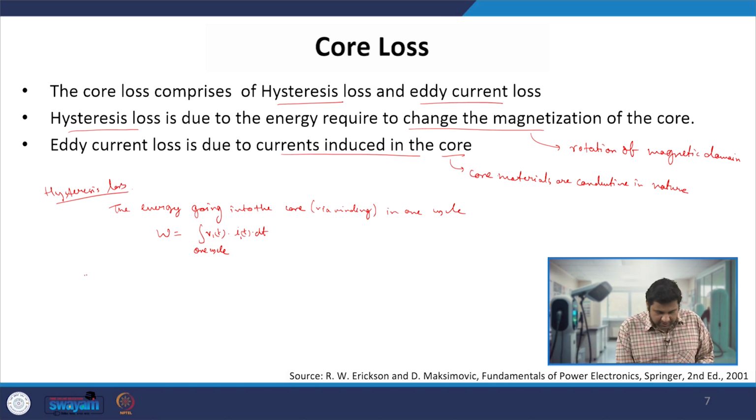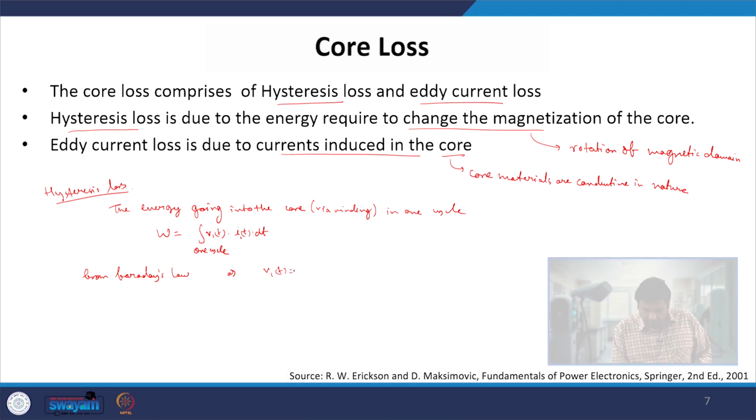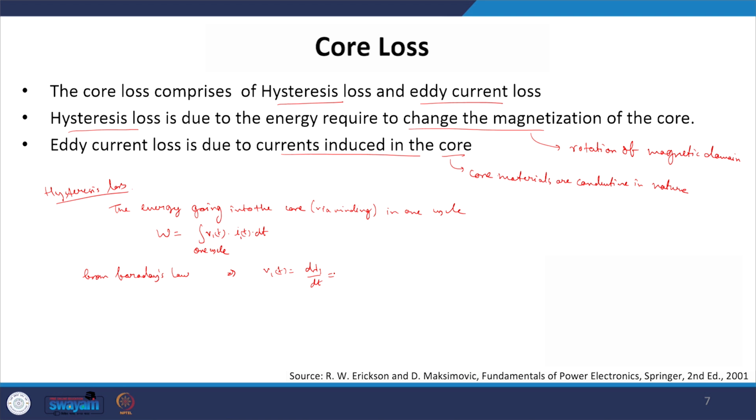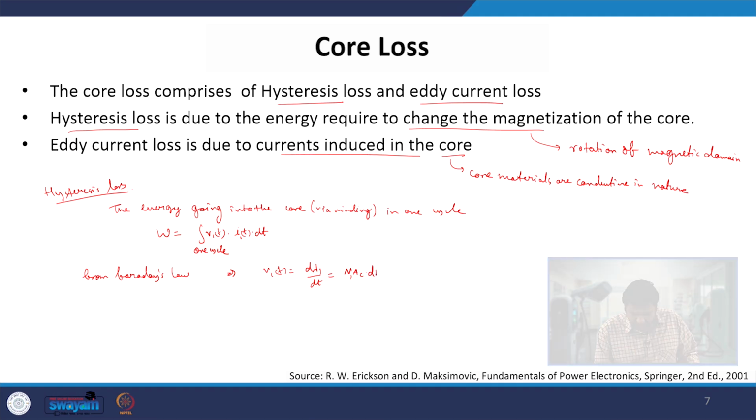Now from Faraday's law we can write V1 to be d lambda 1 by dt, and that we can then write to be N1 Ac dB by dt, where Ac is the area of cross section of the core and N1 is the winding to which it is applied.